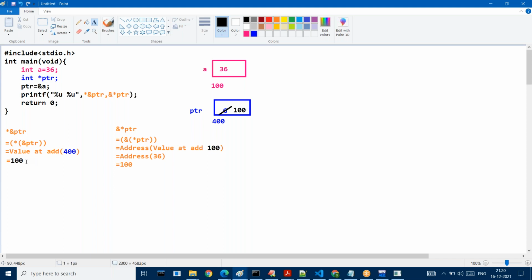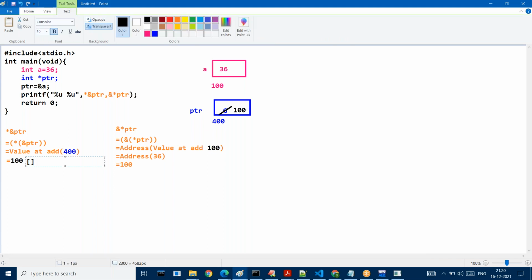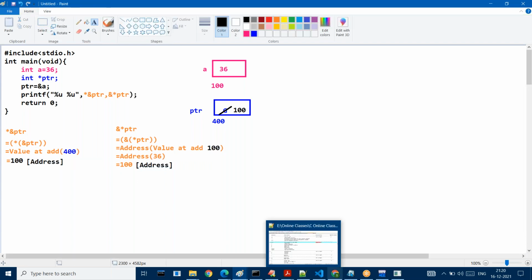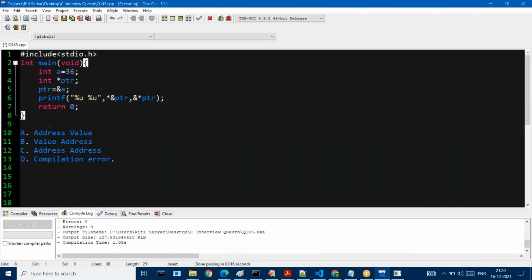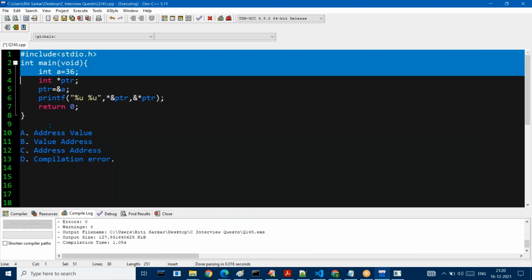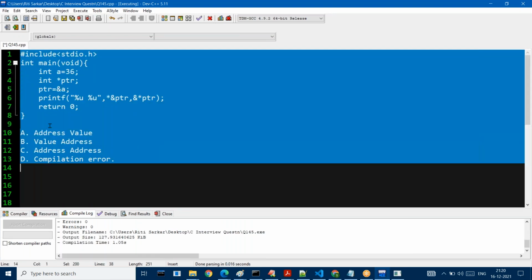This one is address, this one is address. Ayush, understanding? In both the cases, it is address, sir. So which option is correct? Sir, option number C is correct. Address, address.